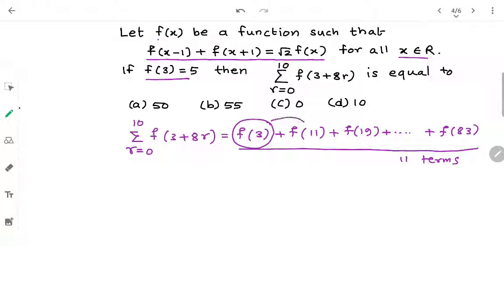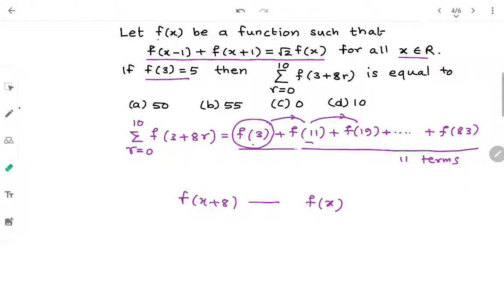Why exactly every 8th term? I sense that there is a relation, that f of x plus 8 is somehow related with f of x. That will give us f of 11 from f of 3 and then f of 19 from f of 11.